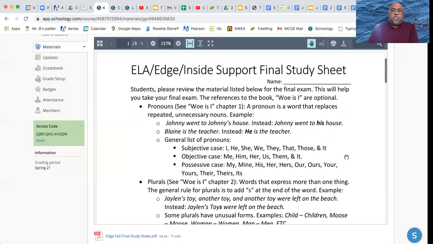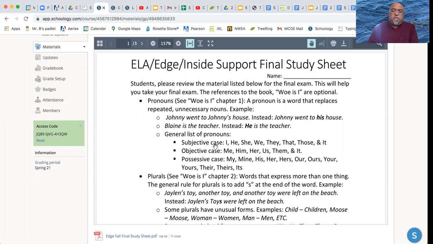Now here's a general list of pronouns. Subjective case pronouns: I, he, she, we, they, that, those, and it. Those are pronouns that will generally be in the subject of a sentence. The objective case pronouns: me, him, her, us, them, and it. Those pronouns will go in the predicate of a sentence.